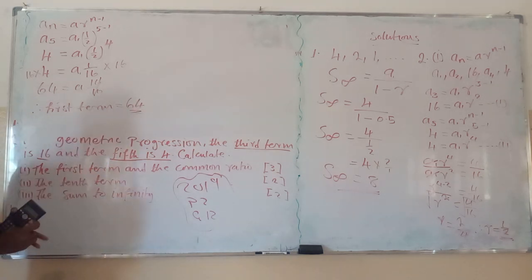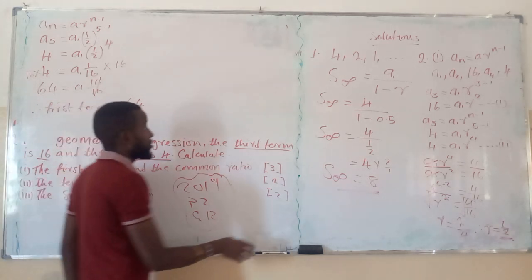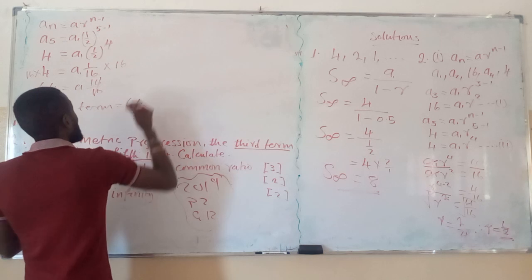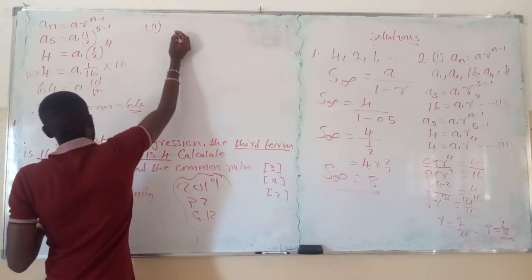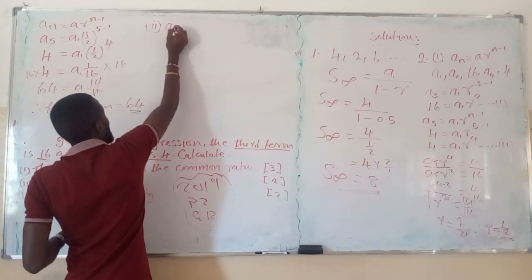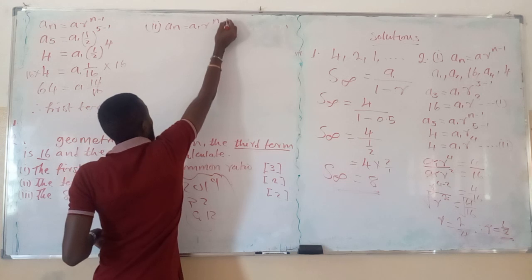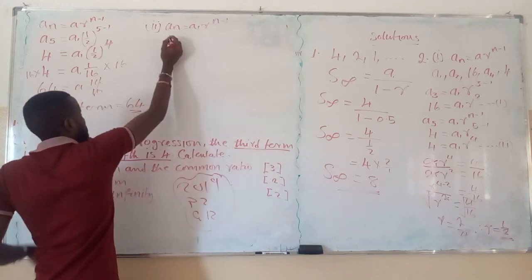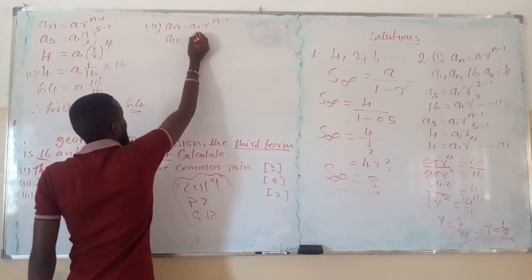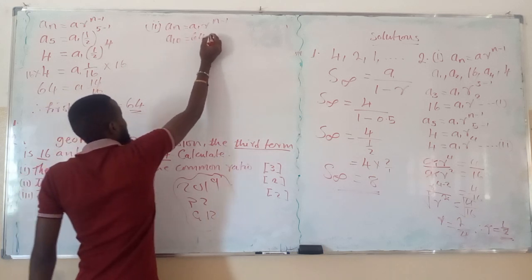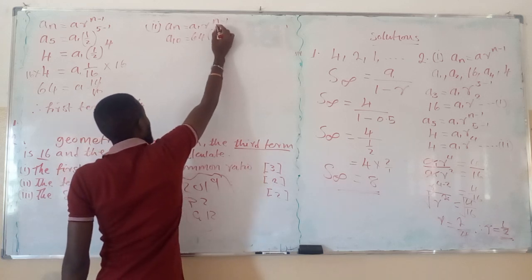So let us go ahead now and find the 10th term and the sum to infinity. We want to find the 10th term, so we are going to use the formula a_n is equal to a r^(n-1). The first term is 64. Common ratio is 1 over 2.